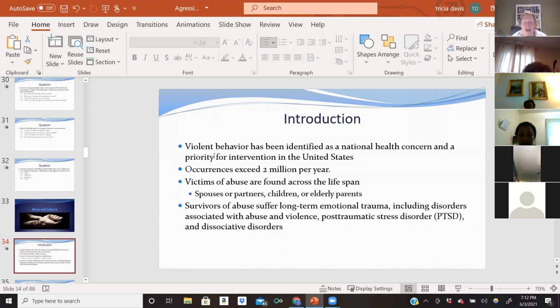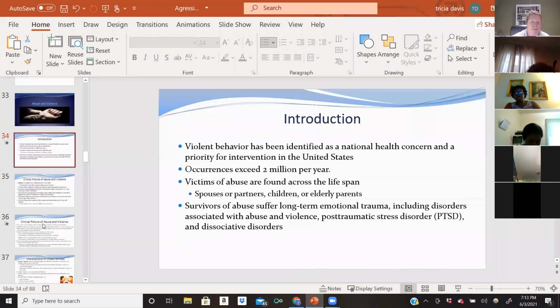Victims of abuse are found across the lifespan. So we have spouses, partners, children, and then elderly adults. Survivors of abuse will suffer long-term emotional trauma, including disorders that are associated with abuse and violence. They can suffer from post-traumatic stress disorder and also from dissociative disorders.